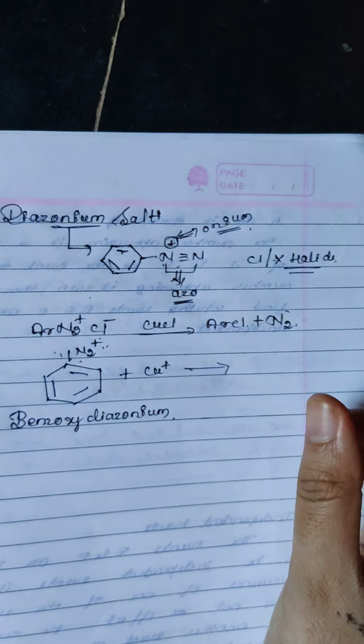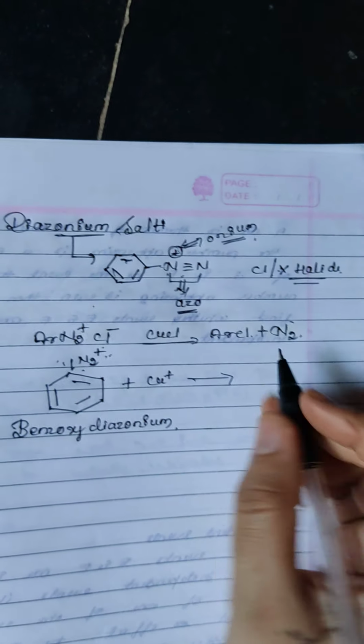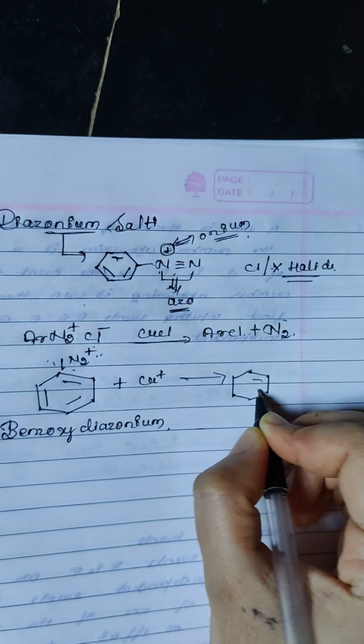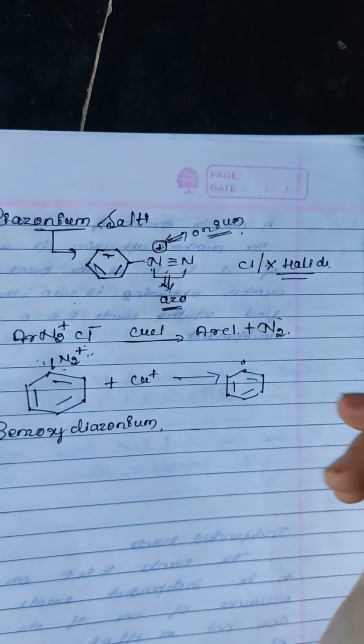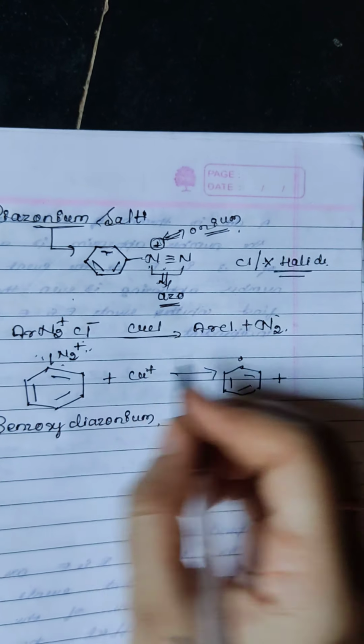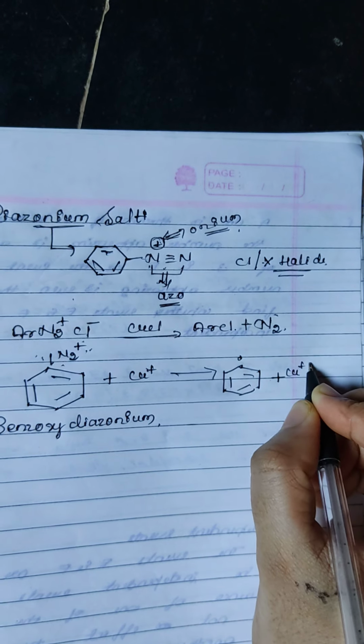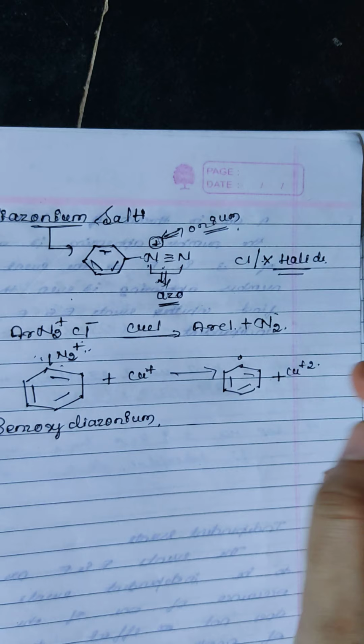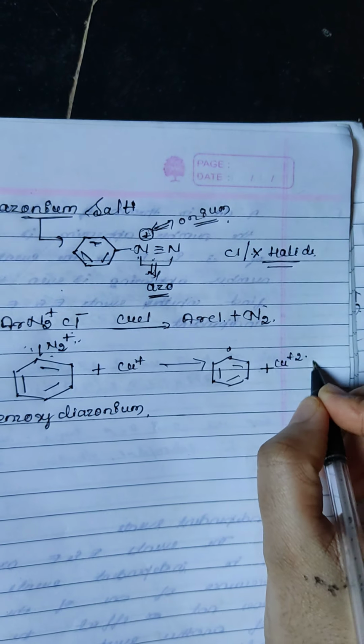How do we find the free radical for that complex? On the benzene there is a free radical, going from +1 to +2 by redox reaction, releasing N2.